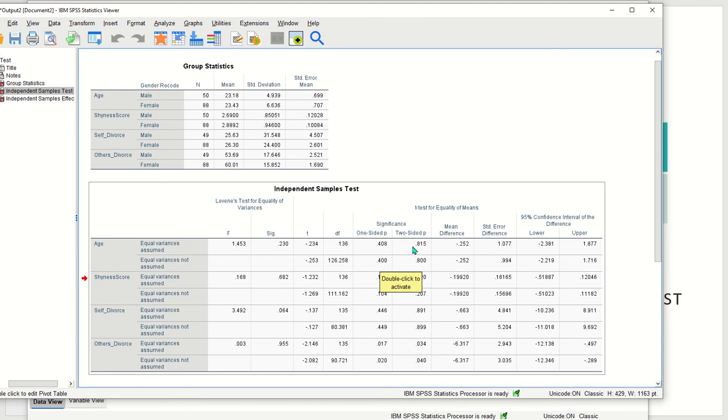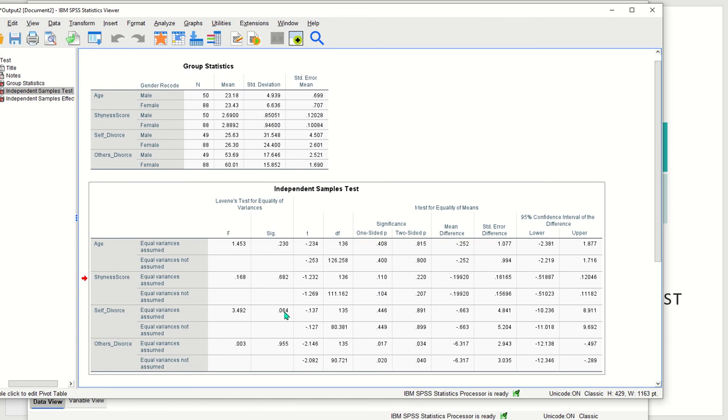For this example, we'll use the two-sided. And as you can see, this is not significant. So we would look here at the two-sided for age, and there's really no significance. It's not 0.05 or less. So we continue on down. This one's not significant, so keep on the top row. And this is not significant here for the t-test.